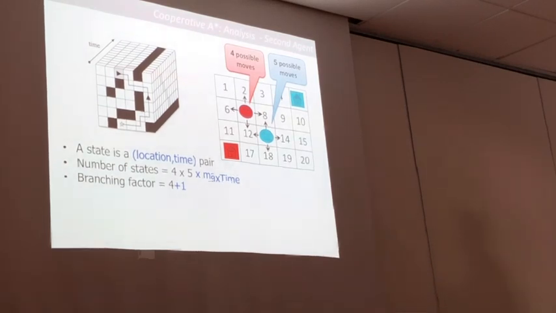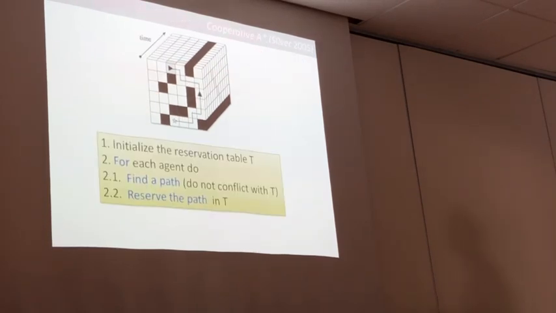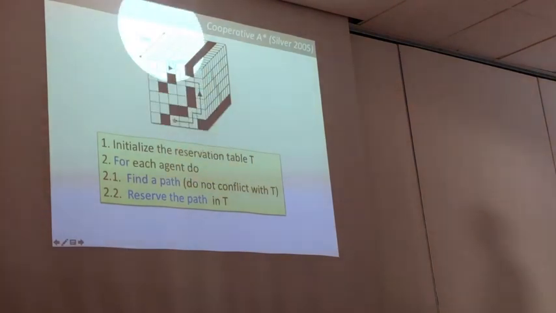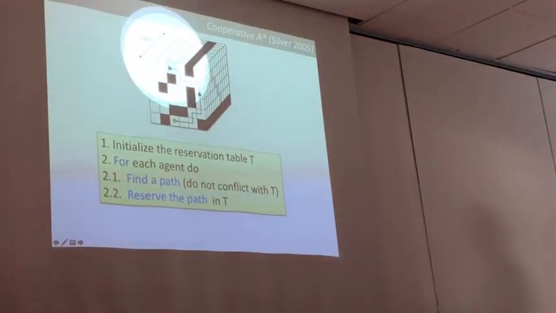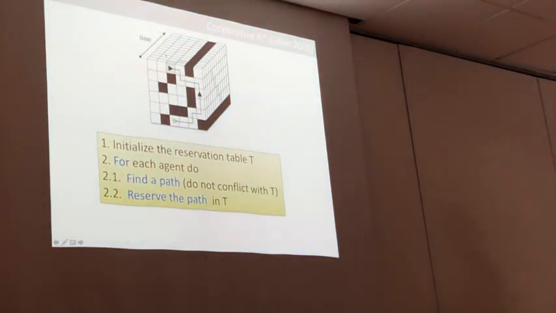So every agent searches in this cube, avoiding the time per location used by the other agents. Questions? Good. So this is the algorithm. You have some reservation table which reserves all these gray locations, the places that were already taken, and each agent finds a path avoiding these gray locations and adds its path to this reservation table.